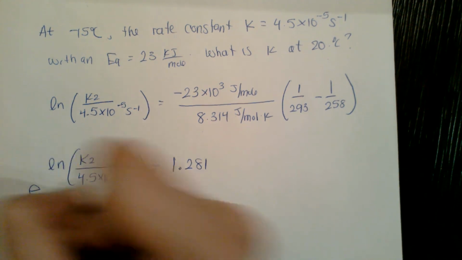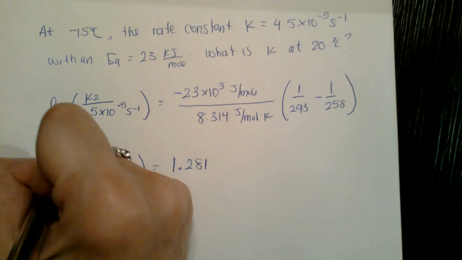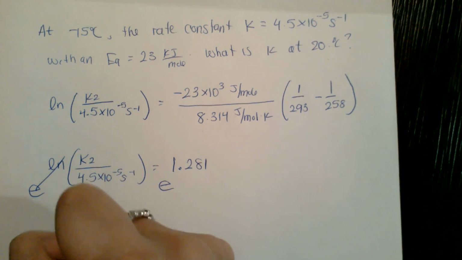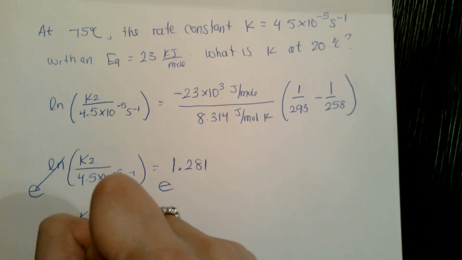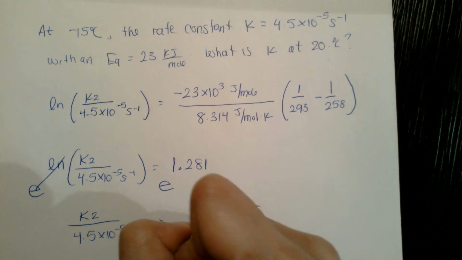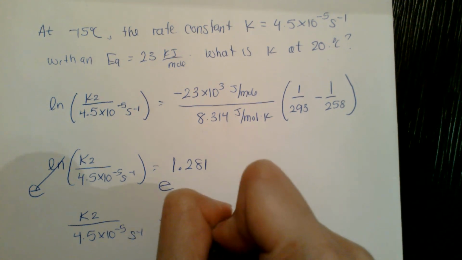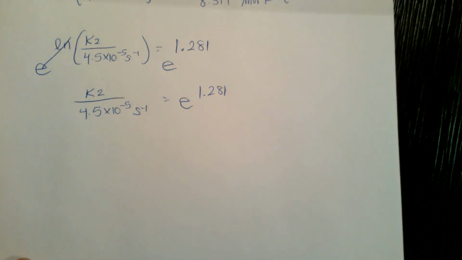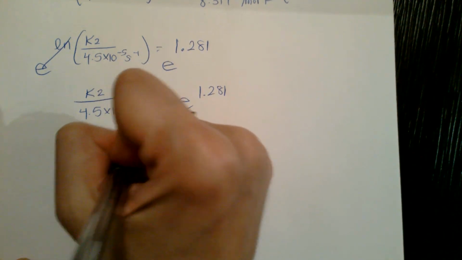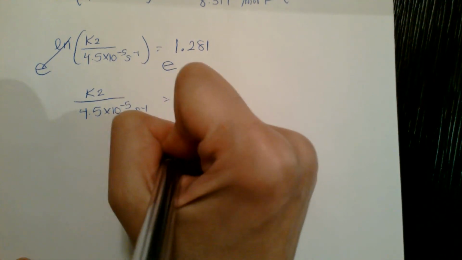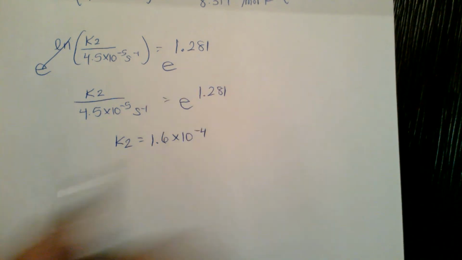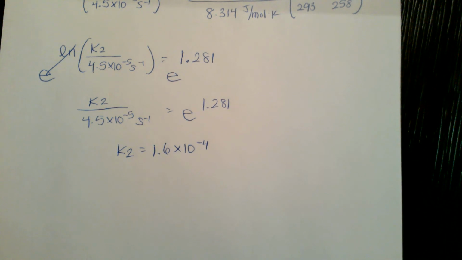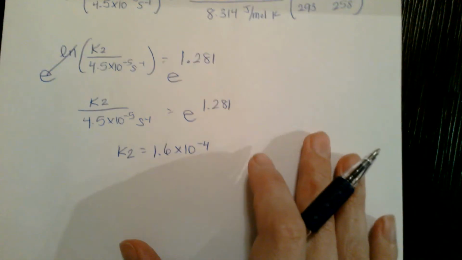We're going to take e to both sides, which gets rid of this. So we get K2 over 4.5 times 10 to the minus 5 equals e to the 1.281. Now it's just solving. So K2 is 1.6 times 10 to the minus 4. Our temperature went up and our K2 went up.